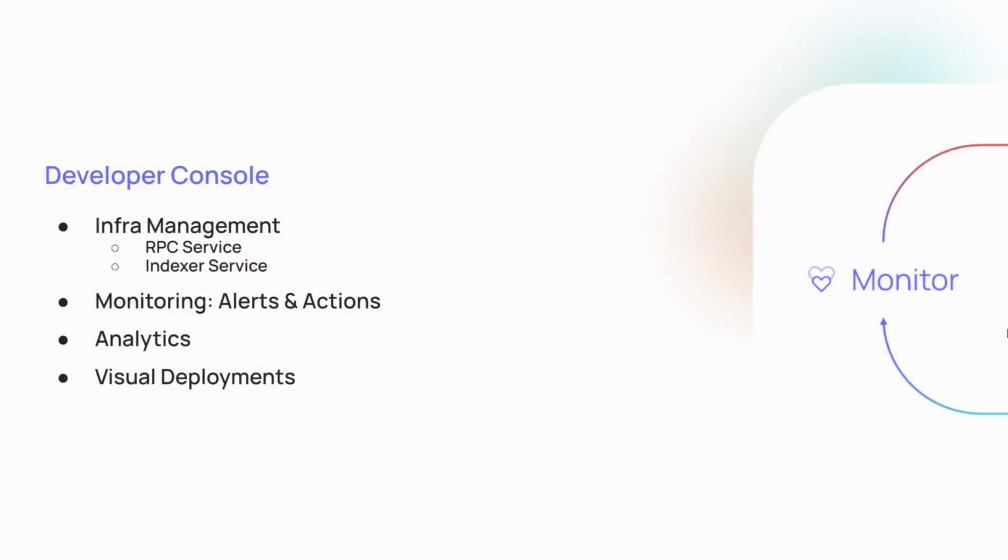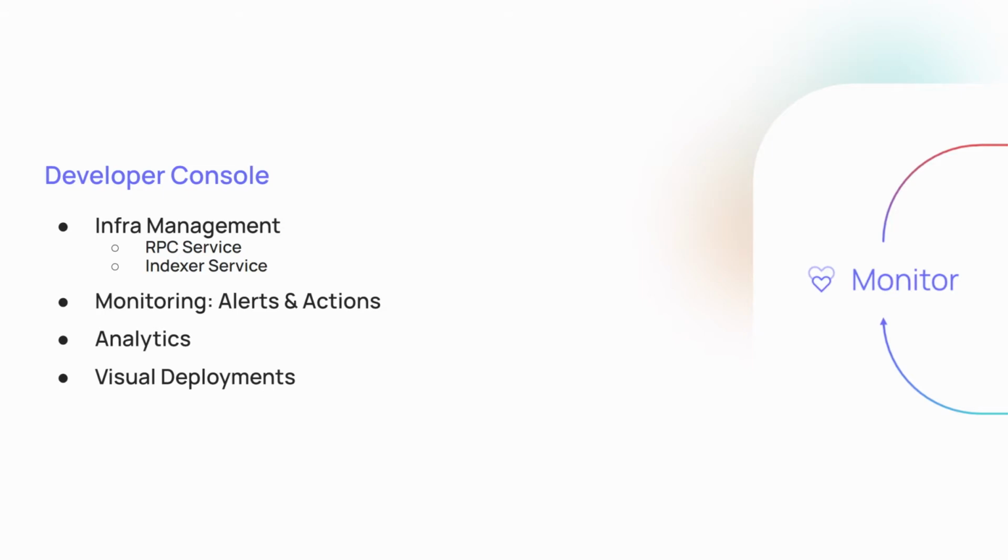So looking a little forward, you kind of saw a bit of what was available today, but in the future, so that included the RPC service, some of those basic usage analytics around the RPC, the contract screen, and those interactive tutorials. But in the future, we're going to be adding things like an indexing service.